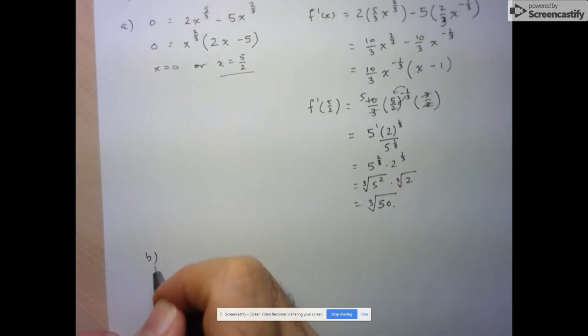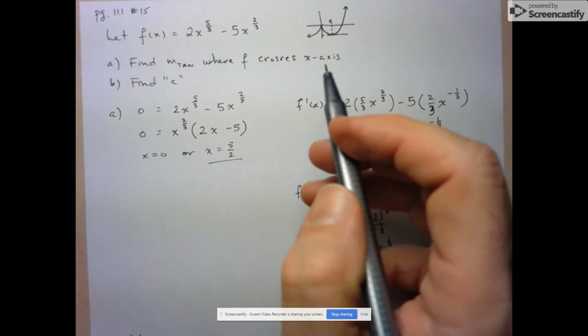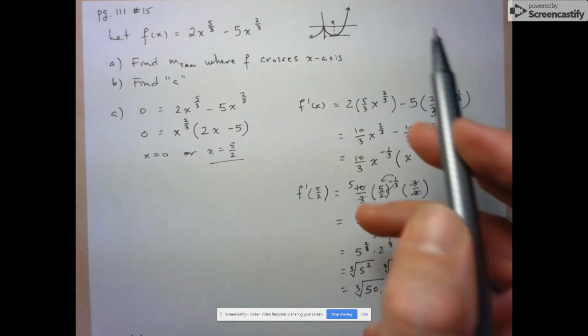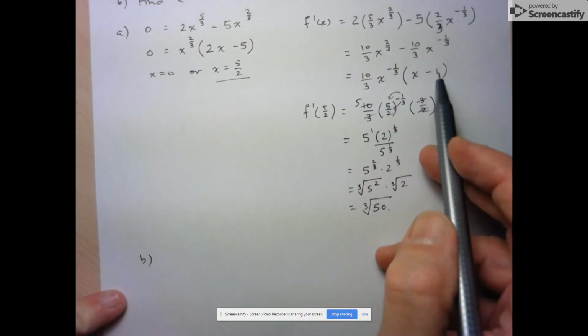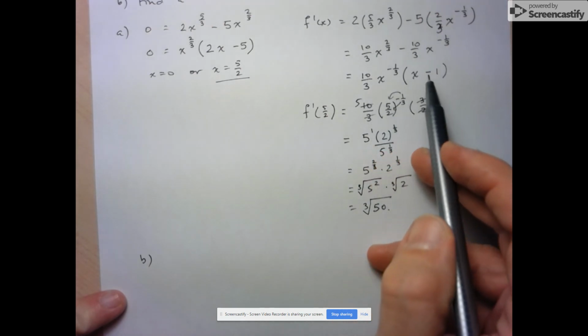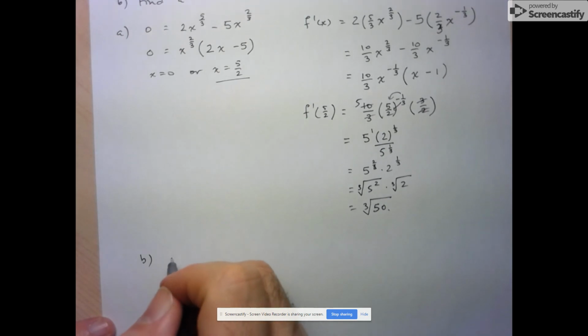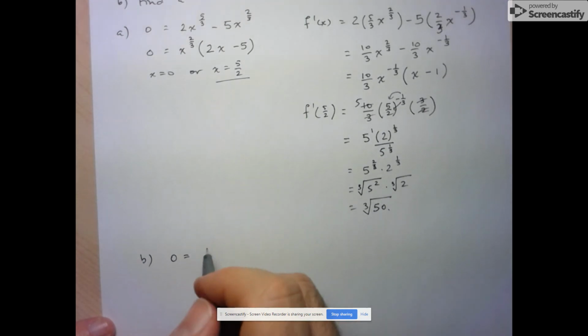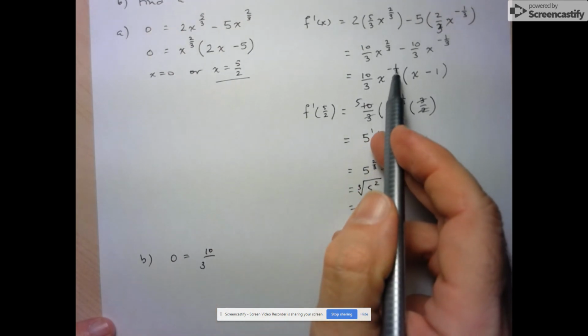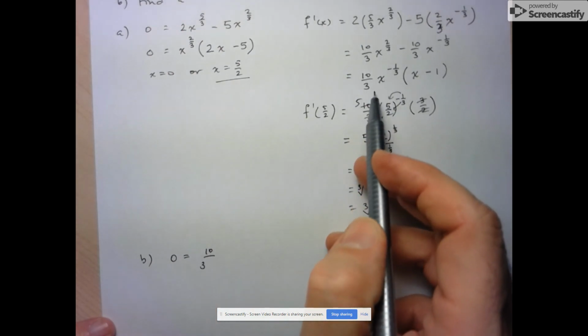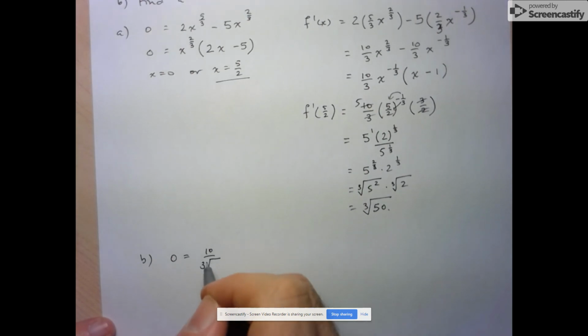So for B, we know that at A, the derivative should be 0. So I'm just going to take the derivative and equate it to 0. But I'm going to use this version of the derivative because it's already factored. So 0 is equal to 10/3. And here I'll bring this negative exponent into the denominator, so the cube root of x is in the denominator.